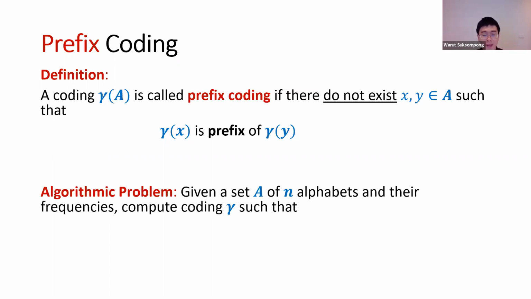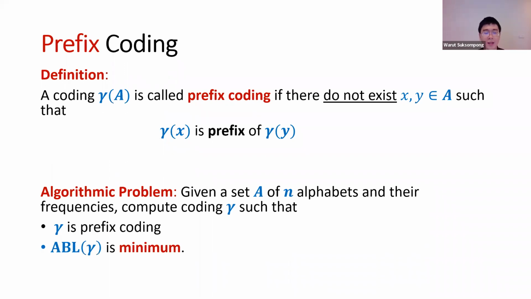And the algorithmic problem is: given an alphabet and its letter frequencies, we want to compute a coding such that it's a prefix coding, so none is a prefix of another, and also minimize the average bit length. These are the two properties that we care about.